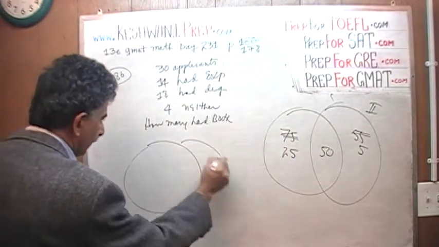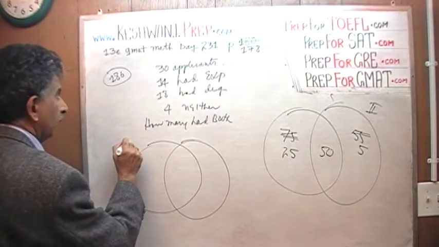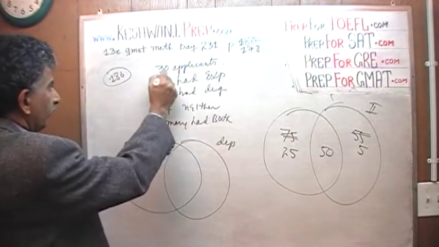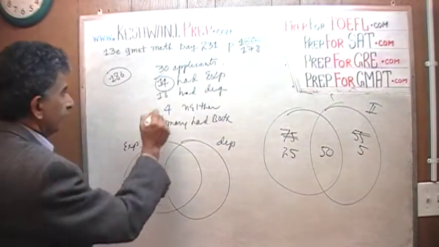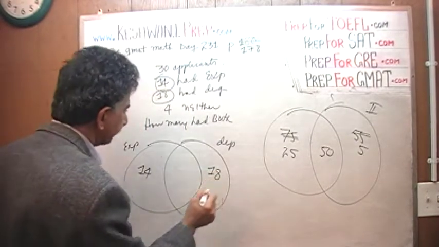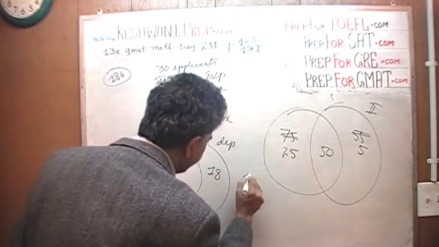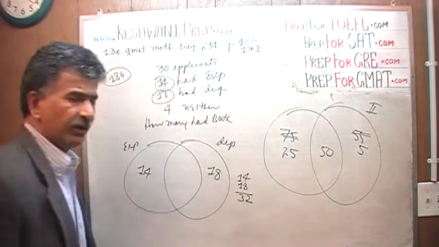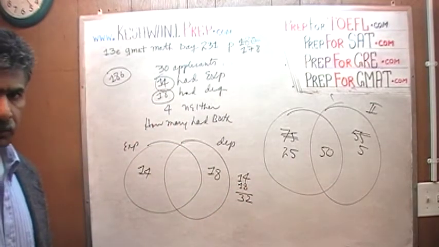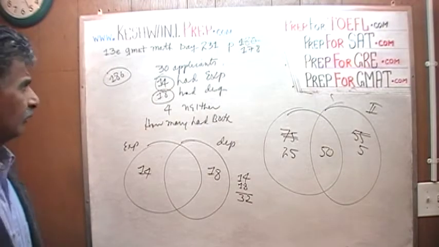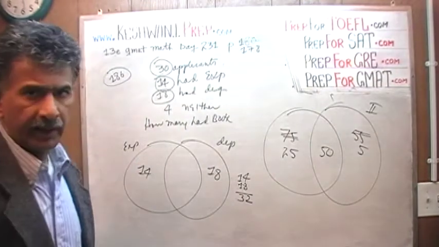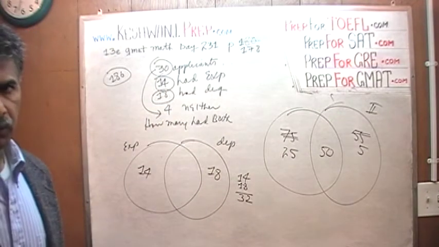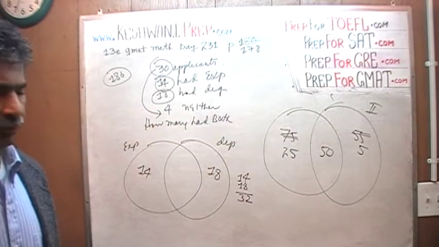So altogether, we have people with experience, people with degree. First of all, this 14 is going to go here, this 18 is going to go here, and then we add them up, 14 and 18. It adds up to 32. Should it add up to 30 because there are 30 applicants? No, it should not. It should add up to 26 because 4 of them do not count, since they have neither experience nor college degree.